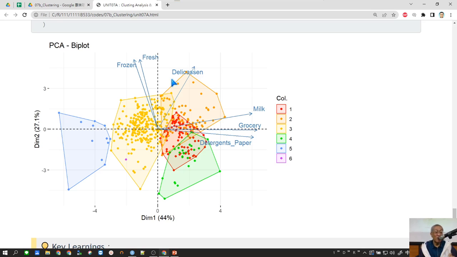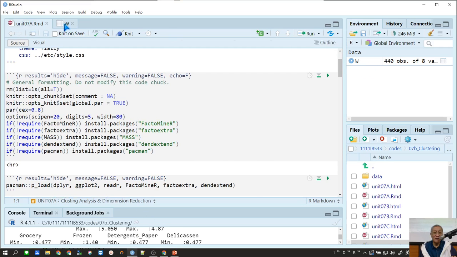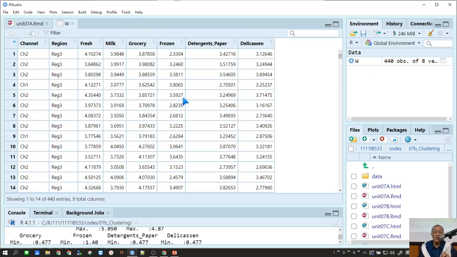Now, this is the original data, but the grouping information is not here. They are divided into 5 groups, but the grouping information is not in the raw data. We need to use some algorithm to do clustering and dimension reduction.